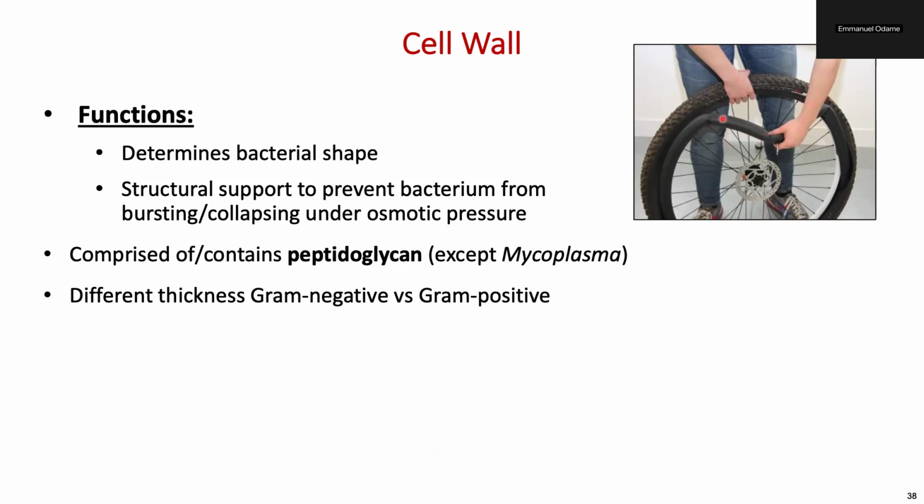That is basically the cell wall preventing the bursting of the tube itself. The cell wall is comprised of peptidoglycan, except for the mycoplasma species, which don't have it. And it has different thickness depending on whether it's a gram-positive or gram-negative bacteria.